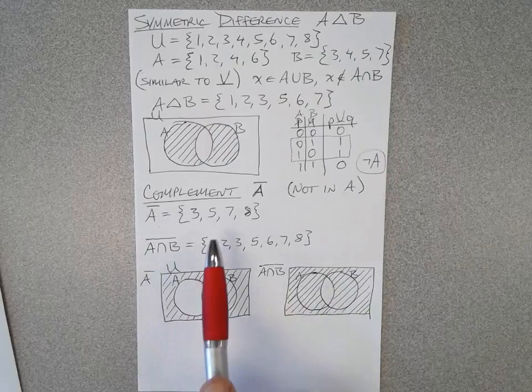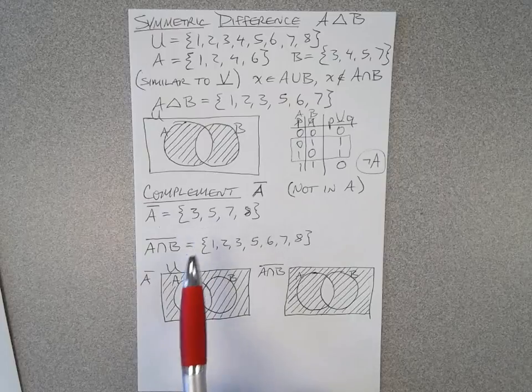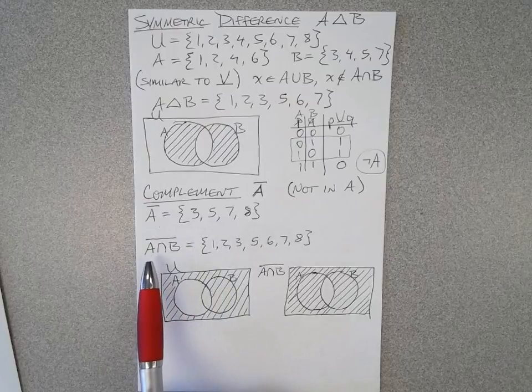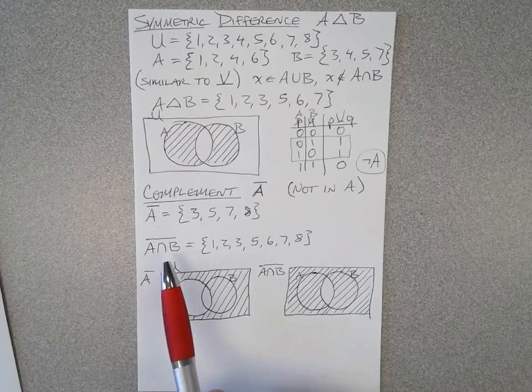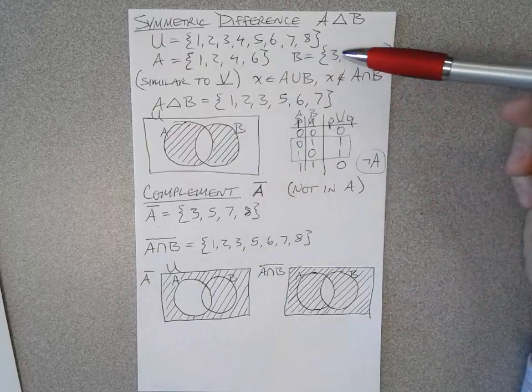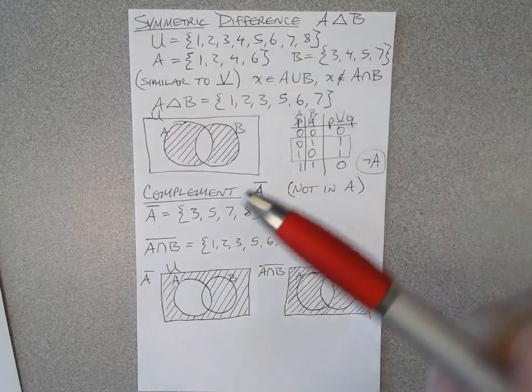You can also use the complement with a combination of operations. So here we're taking the complement of A intersect B. Now you remember on the previous page we've already seen that the intersection of A and B is 4.